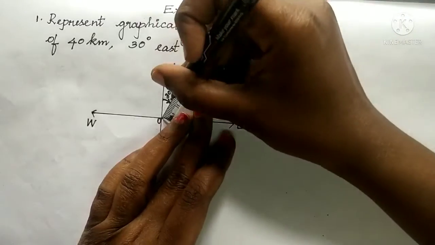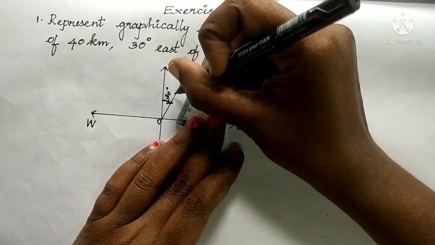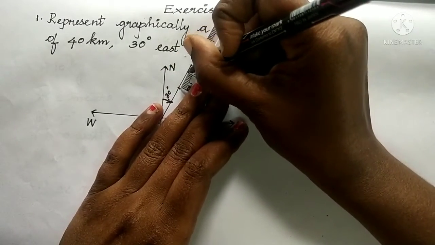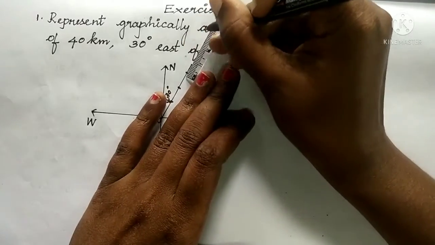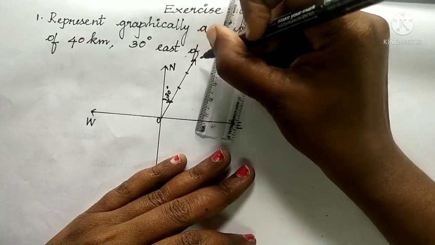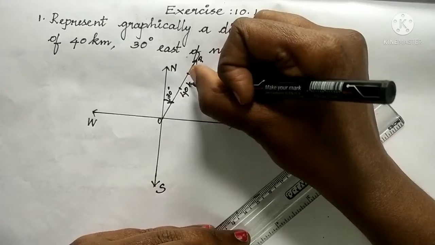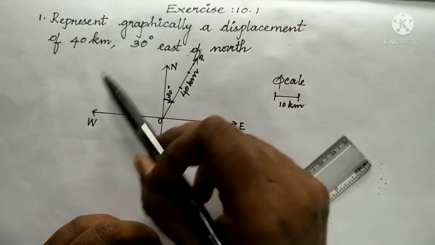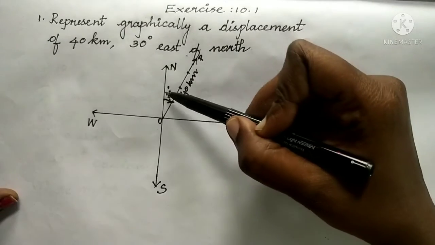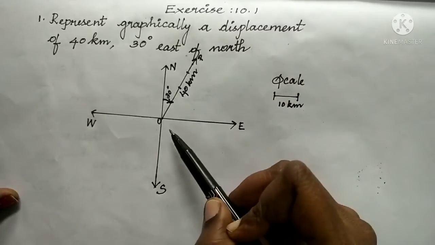Similarly, 20 kilometers and 30 kilometers, and this will be our 40 kilometer. So this is the graphical representation of displacement of 40 km 30 degrees east of north.